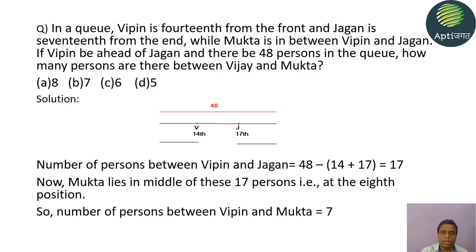If Mukta is at 8th position, then the number of persons between Vijay and Mukta is 7, right? Because Vijay's rank is 14 and Mukta is at 8th position. So what is the difference between 14th and 8th? How many people are between them? 7 people. So option B is correct. Answer is 7.